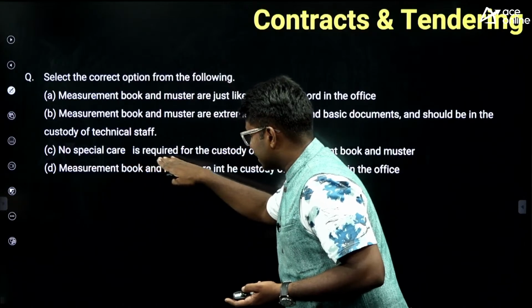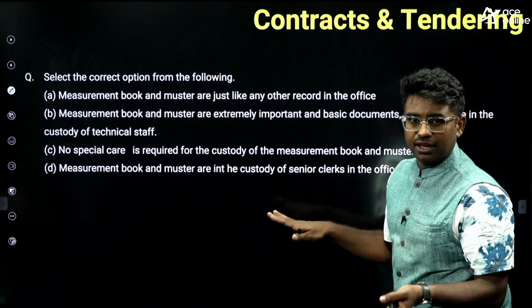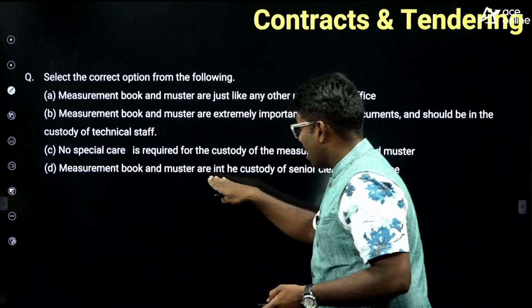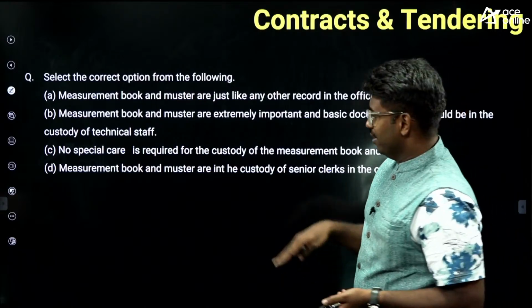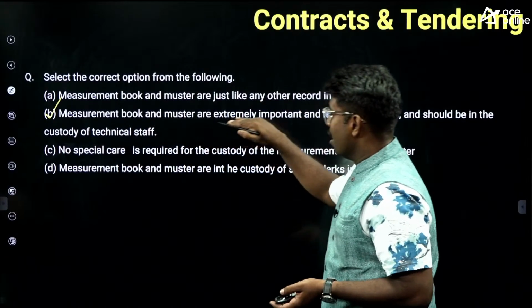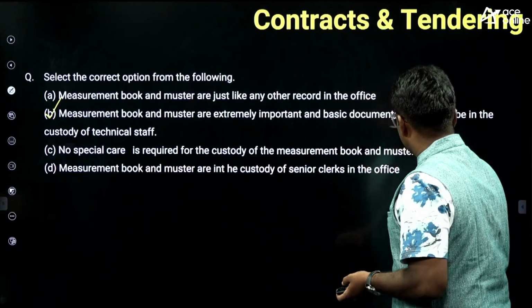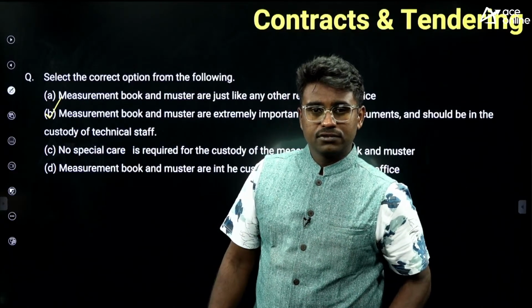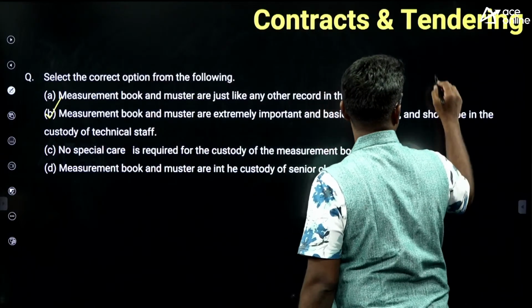No special care is required for the custody of the measurement book and muster. You can't leave it like that. Measurement book and muster are in the custody of senior clerks in the office. No way. The correct answer is B. Measurement book and muster are extremely important and basic documents and should be in the custody of technical staff. That's the thing we have to remember. Answer is B.